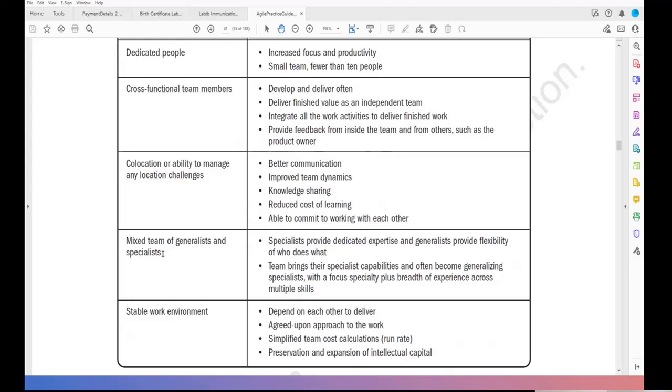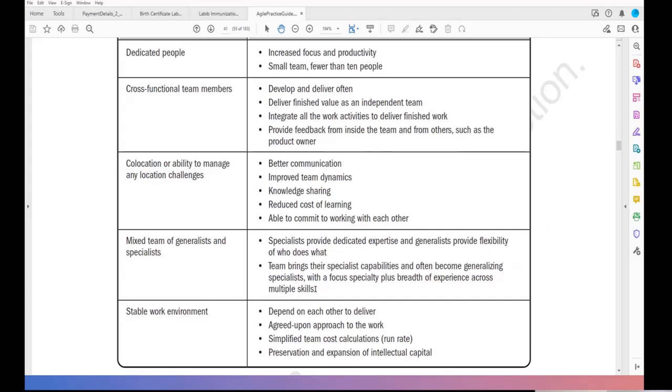So they are saying that we need a mix of the team, not only one. Specialists provide dedicated expertise, and generalists provide flexibility of who does what.